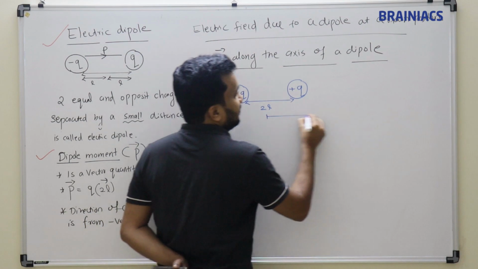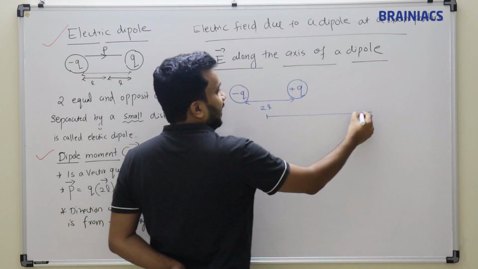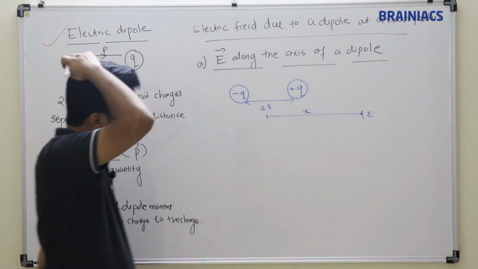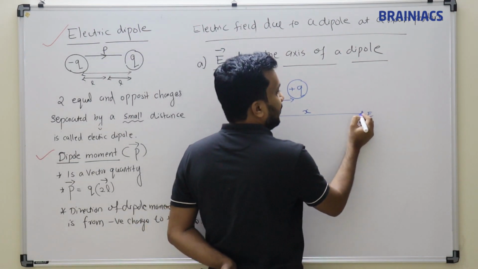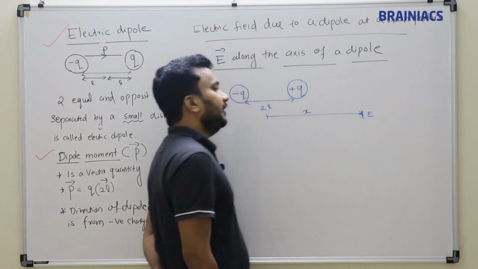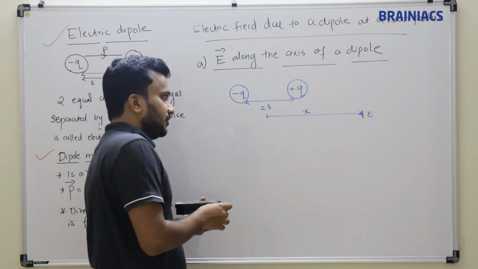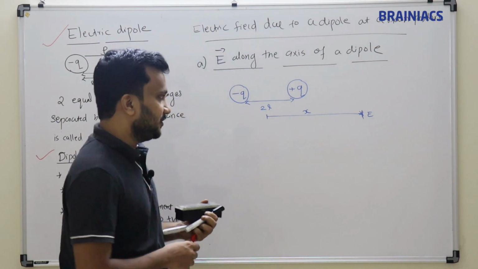And exactly from the center, here I am going to find out the electric field intensity, at a point which is at a distance of x meter away from the center of this dipole. Okay. So this is a point where we are going to find out the electric field intensity. Before we enter into the derivations or the mathematical expressions, first we want to know a few things.